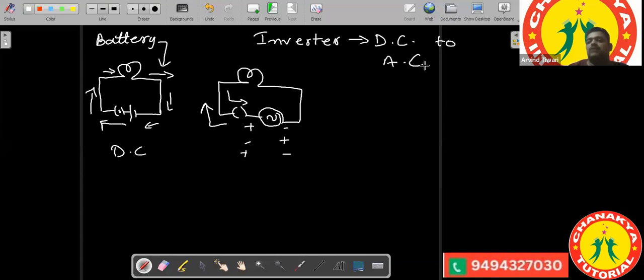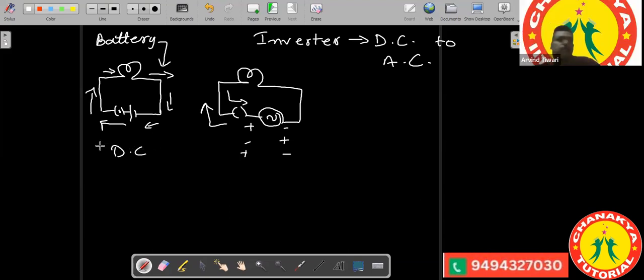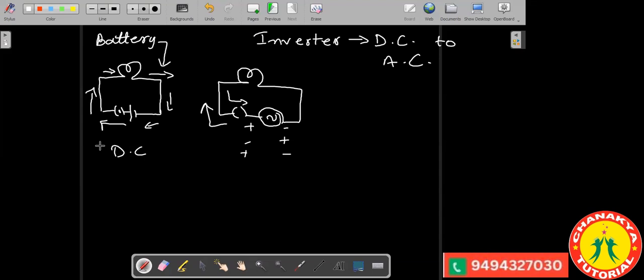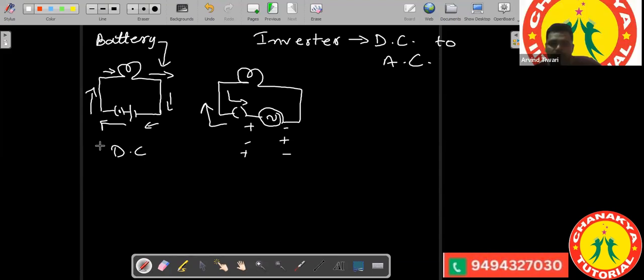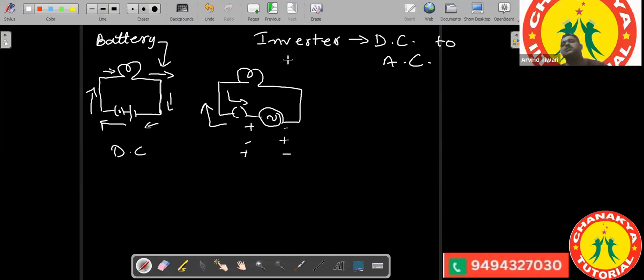It will convert DC to AC of the desired frequency, and then of course you can run your appliances. Sir, can it also work vice versa, from AC to DC? Can the inverter change it from AC to DC? Okay. An inverter does the opposite also.